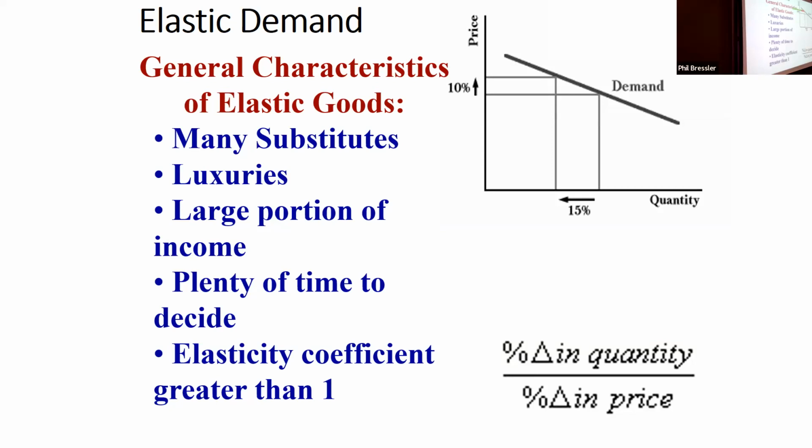So if you could just remember, unit elastic is 1. So you have inelastic under 1, elastic greater than 1, and unit elastic 1. And while we're talking about elasticity, remember it goes elastic in the middle, unit elastic, and then inelastic on a line.